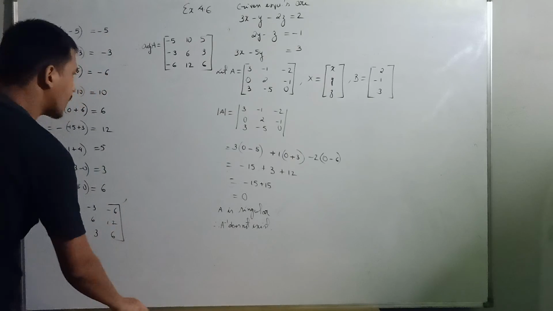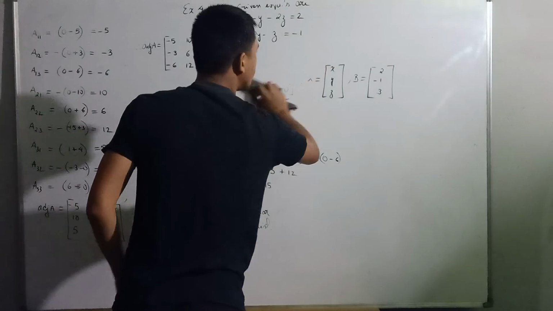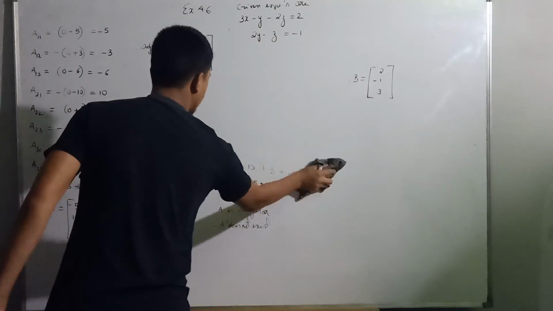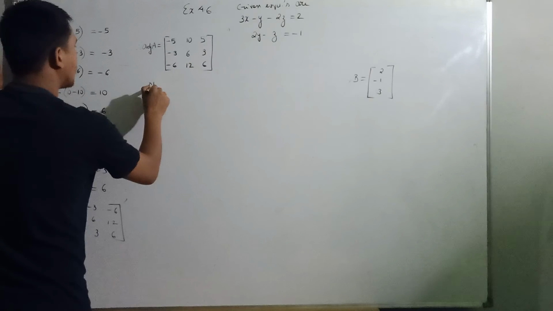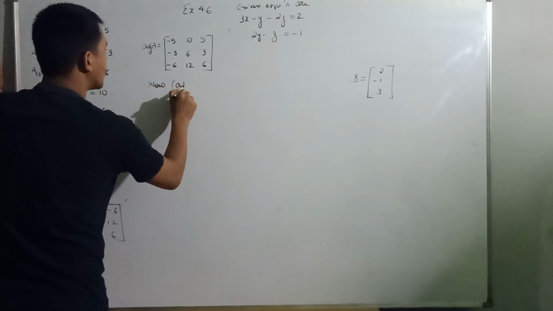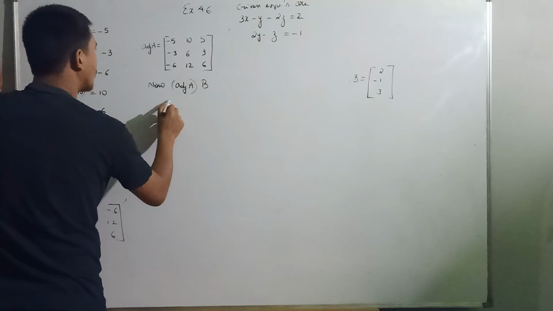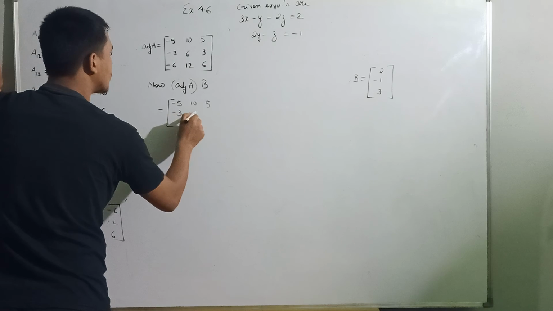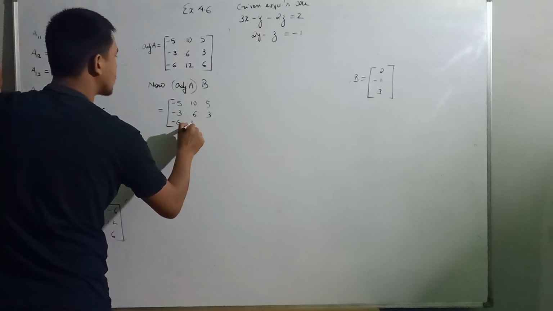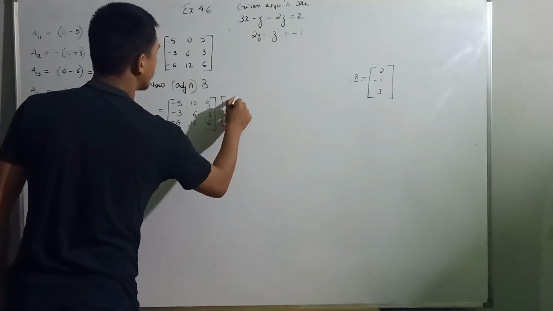Now we have to find the product of the adjoint of A and your matrix B. Let us find the adjoint of A times your matrix B. The adjoint of A is minus 5, 10, 5, minus 3, 6, 3, minus 6, 12, 6, and your matrix B is 2, minus 1, 3.